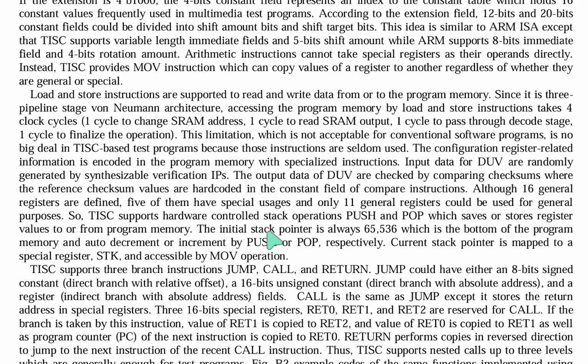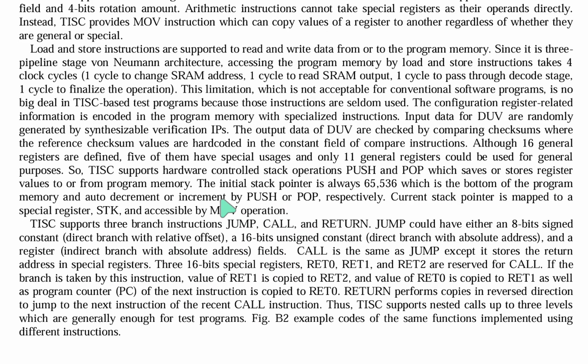The initial stack pointer is always 65,536, which is the bottom of the program memory, and it decrements or increments by push or pop, respectively. The current stack pointer is mapped to a special register, STK, and is accessible by the MOV operation.